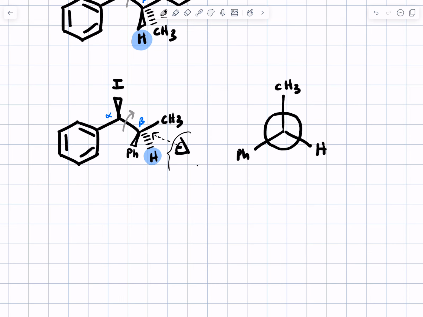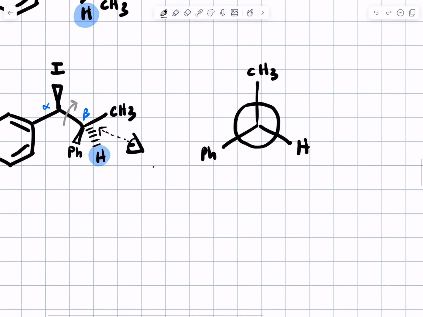This is us. That's not much of a nose. Oh well. Okay. Anti to the CH3 group is the benzene ring in the back. Coming out towards our left would be the iodide, which is the leaving group, and then here's the other hydrogen. Okay. You agree so far?